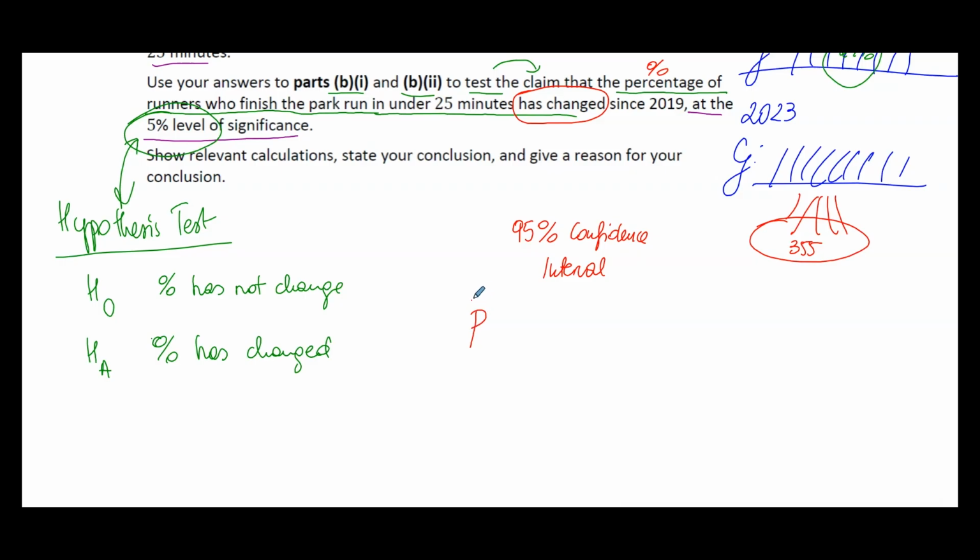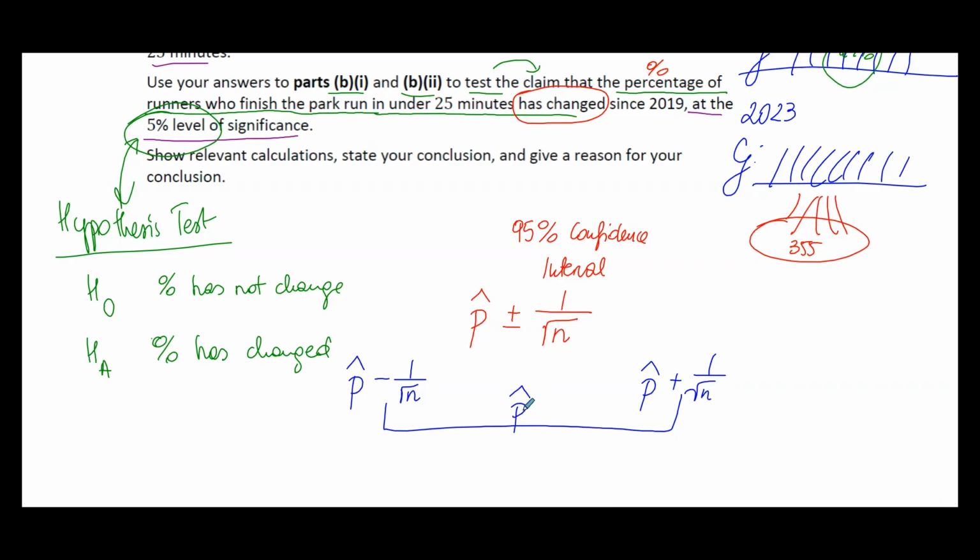We take the population proportion plus and minus the margin of error, so we run two versions because we are creating an interval. That gives two values: the population proportion minus the margin of error on one side, and the population proportion plus the margin of error on the other. So the population proportion stands in the middle.